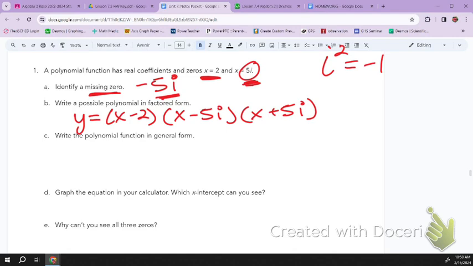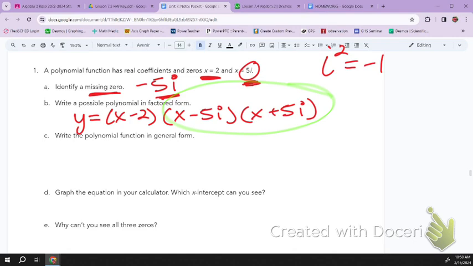The biggest difference is now I've got i. So now we need to write it in general or standard form. What do we think we're going to do to multiply this out? Box. And when you box, multiply the i parts together first. Does that make sense? Deal with the i's first.